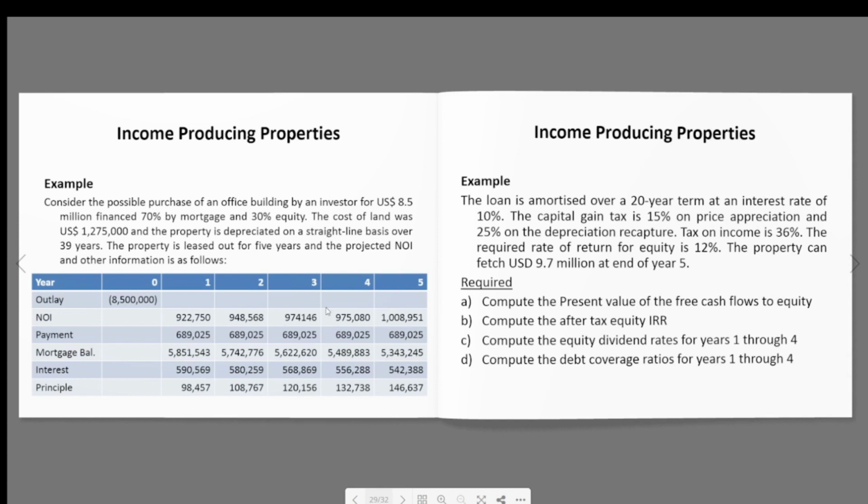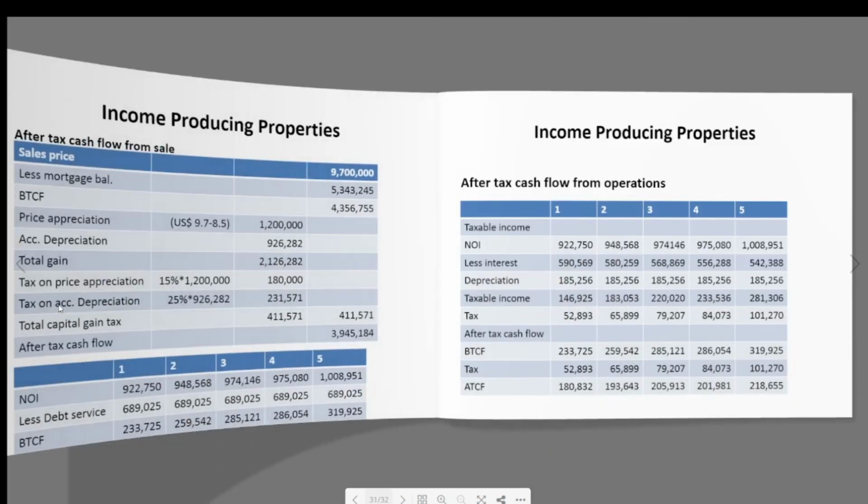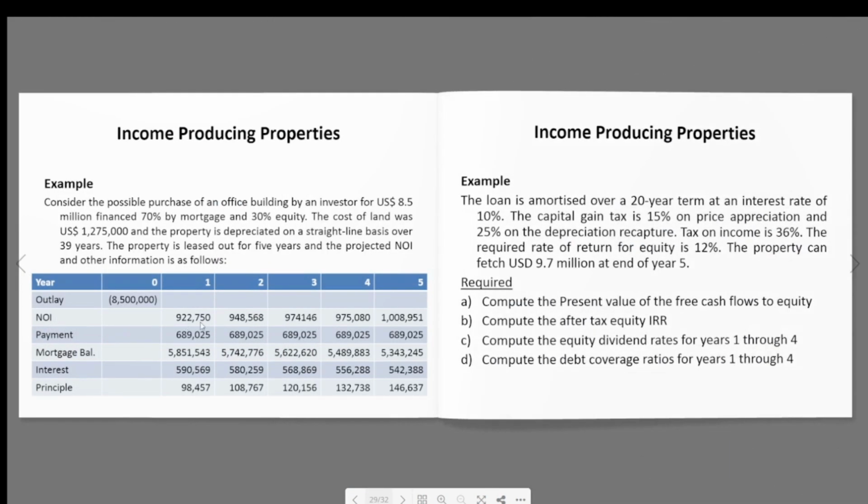So based on this table, we know that the outlay at time 0, which is today, is 8.5 million. The net operating income is as illustrated in the second row, whereby the first year you have a net operating income of 922,750, all the way to the fifth year, where you finally have a net operating income of 1,008,951. We also note the following payment.